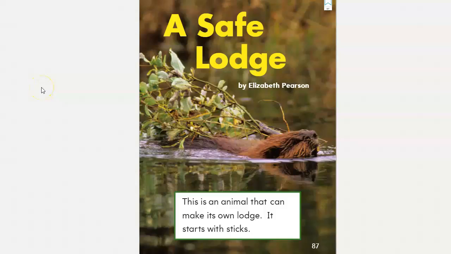As we read through the decodable, I want you to listen for words that have the soft C, S, or soft G, and DGE, J sounds.